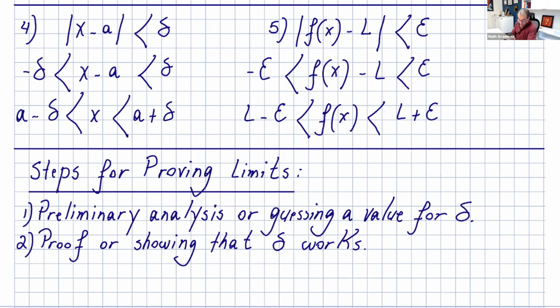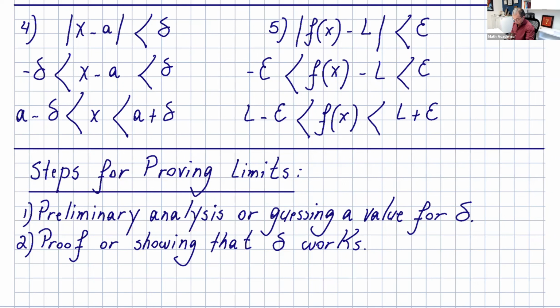When we prove limits, we say if that's true, then that needs to be true also. So basically, that's the concept behind proving those limits. Now, steps for proving limits. How does this work? There are 2 steps. The first one is called the preliminary analysis.